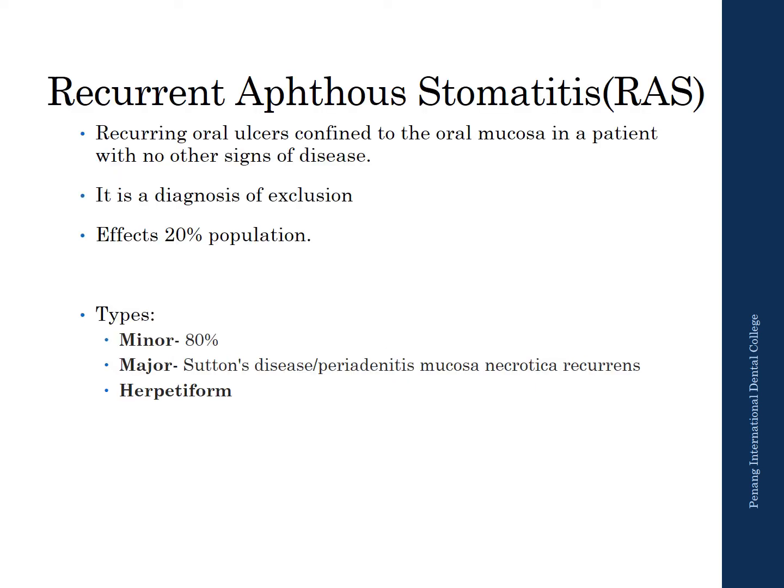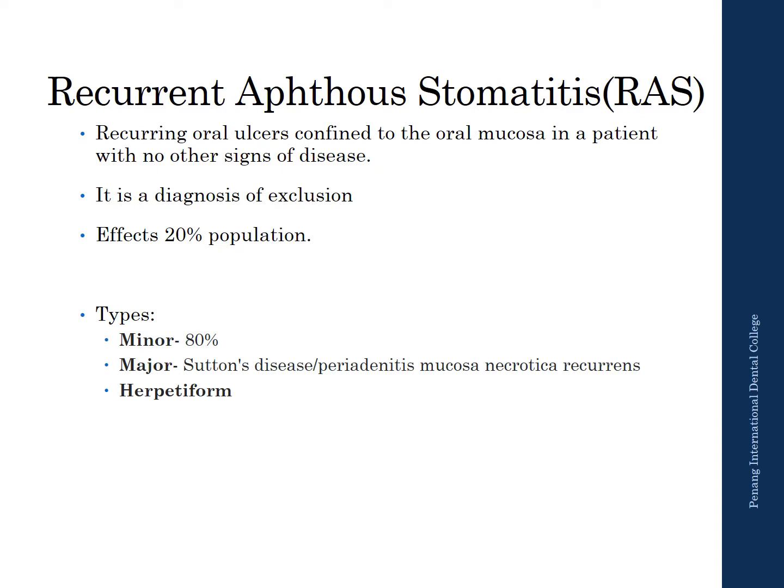So let's start with recurrent multiple ulcers. The most common example for a recurrent ulcer is recurrent aphthous stomatitis. These are ulcers that are confined to the oral mucosa in a patient with no other signs of disease. So essentially, it is a diagnosis of exclusion.